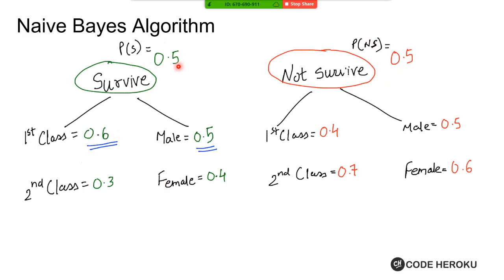Can you think of how someone could come up with this 0.5, 0.5? Overall the probability of surviving is 0.5 over here, and overall the probability of not surviving is 0.5 over here as well. Can you think of how someone would come up with that number? It is pretty straightforward.